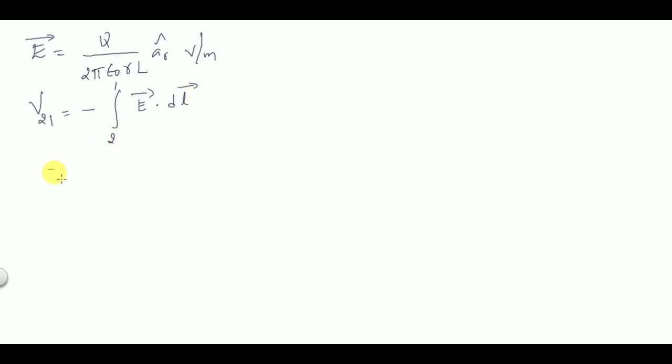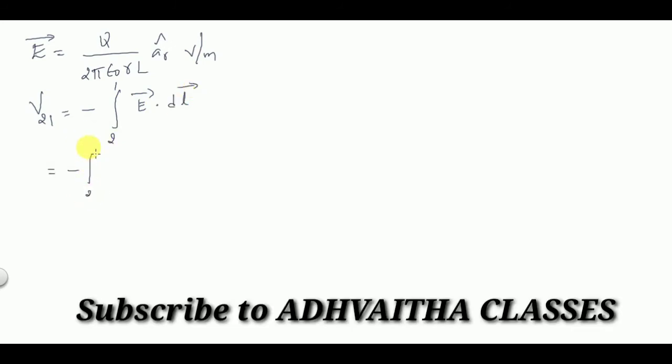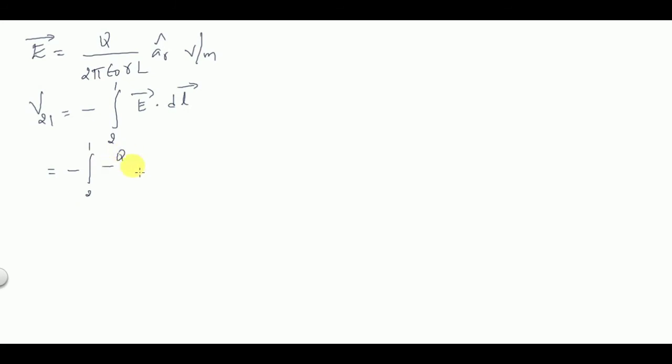So minus integral 2 to 1. What is E bar? Q by 2 pi epsilon naught r L into a_r cap, dot, what is dl? The change is along the radius, so dl bar is equal to dr a_r cap, because here the change is occurring along the radius only.